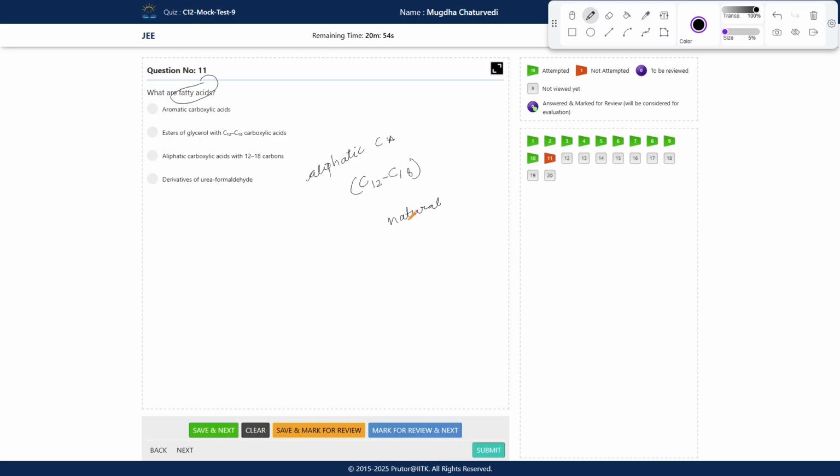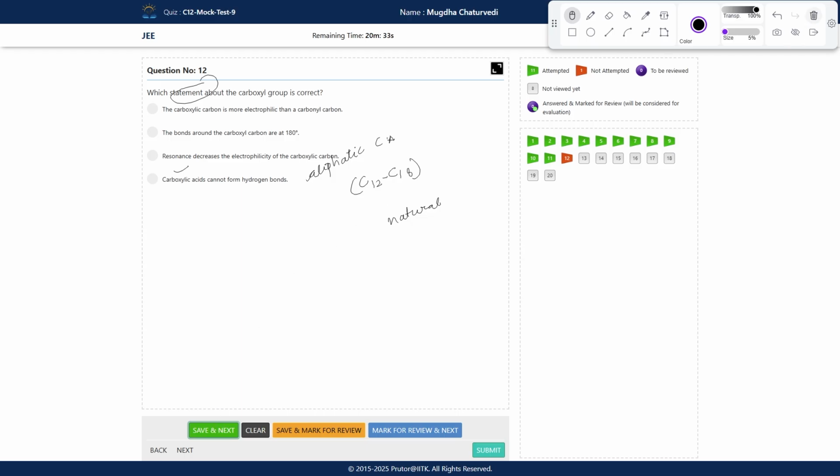Okay, so if you see over here, the correct option will be third option, that is aliphatic carboxylic acids with 12 to 18 carbons. Okay, so the correct option will be third option. Now let us see the next question.